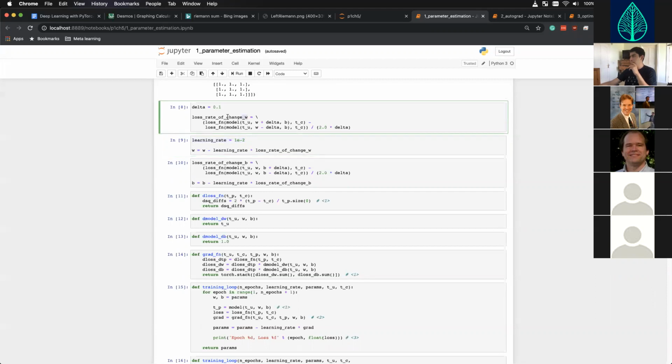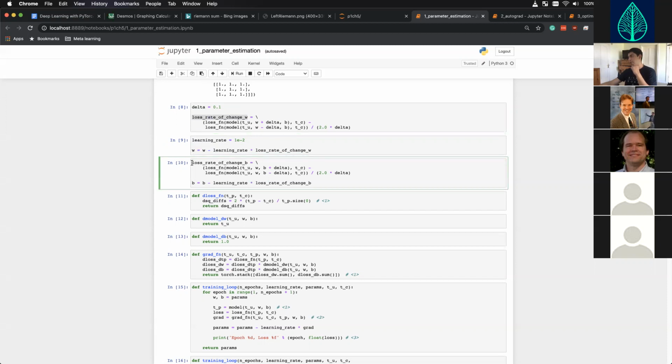So now we have the change of our loss with respect to our weights, and then we can update our weights. But one thing to note is if we did this with multiple variables, so instead of just a single W, if we had multiple W's, then we would have to do this multiple times, measuring the rate of change with respect to all of the different weights.